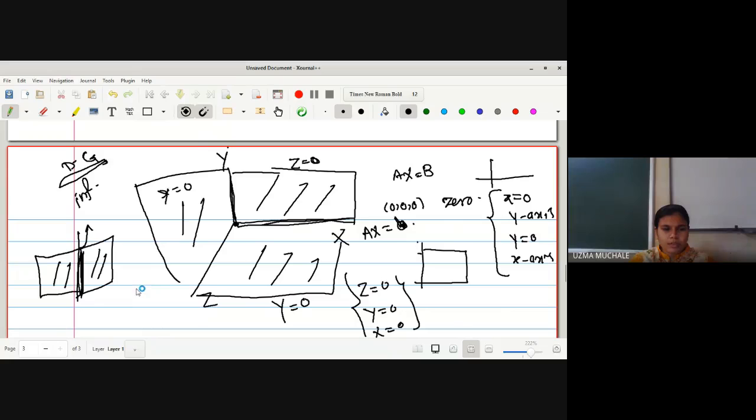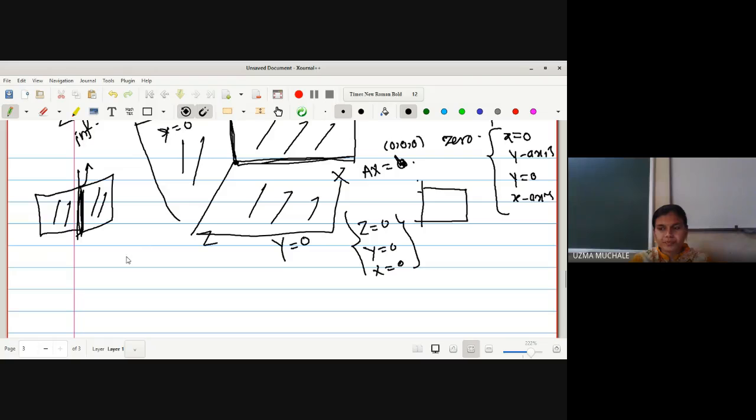Now suppose instead of considering this 3D space, we have a unique solution in case of some different arbitrary planes. Okay, suppose this is one plane.